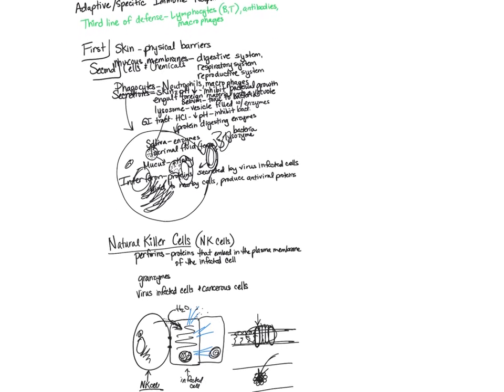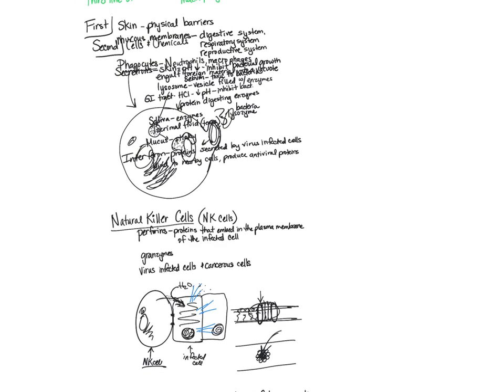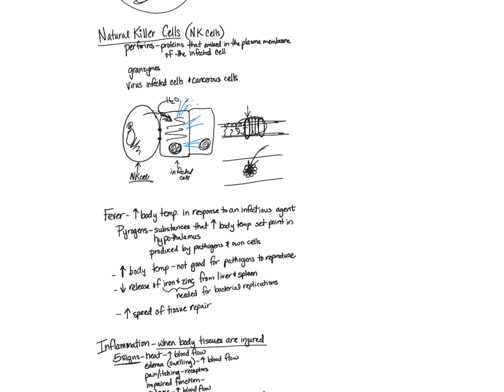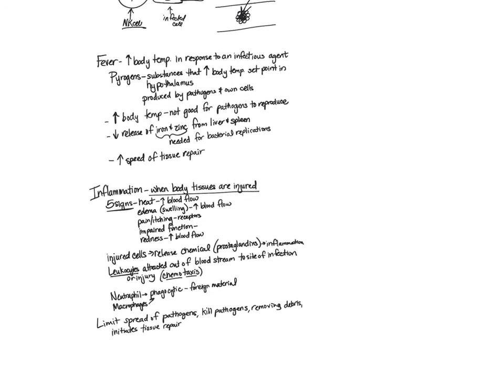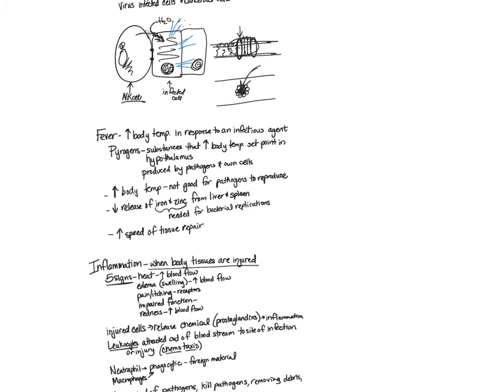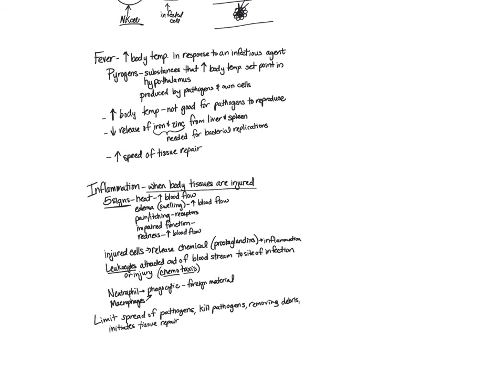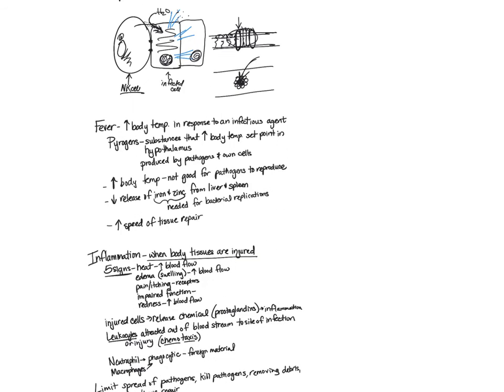Then we talked through the first line of defense. That includes our physical barriers, our mucous membranes, as well as those things that are secreted by those things, as well as our natural killer cells there. We can talk about the natural killer cells and how they're going to be attacking cells that are infected with viruses or cancerous. Then we have our fever, our increase in temperature so that we can try to fight off things, and then inflammation that we spoke about.